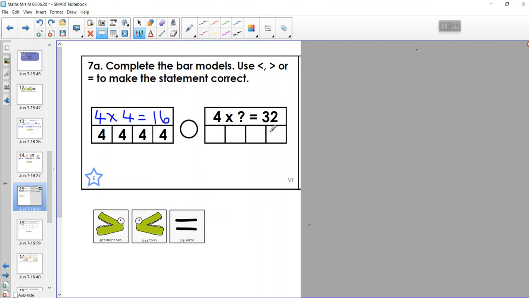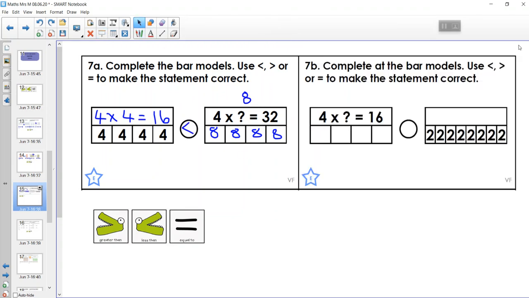Now I've got 32 here and I've got to split it into 4 equal bits. So I'm going to go through my 4s till I get to 32. And I know that my answer is 8. 4 times 8 is 32. So 4 times 4, is it less than, greater than, or equal to 4 times 8? I've got 16 on this side, I've got 32 on this side, so it is less than.